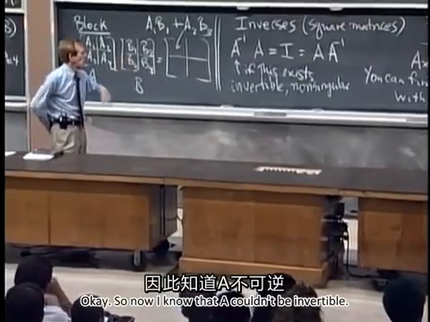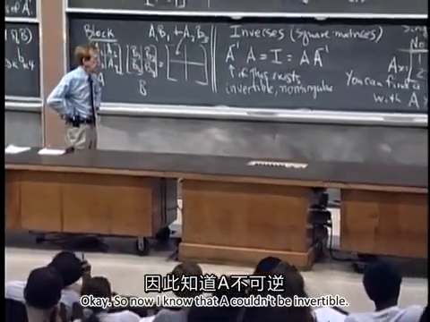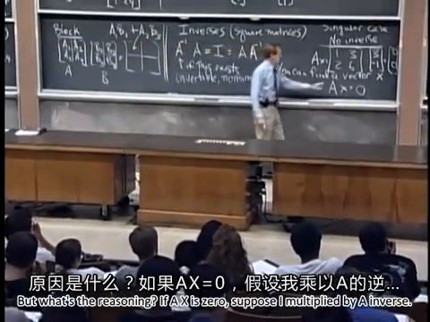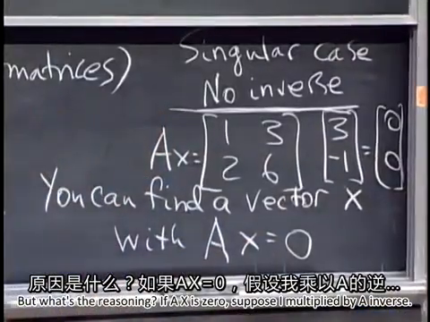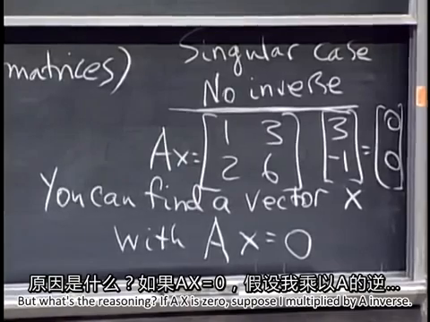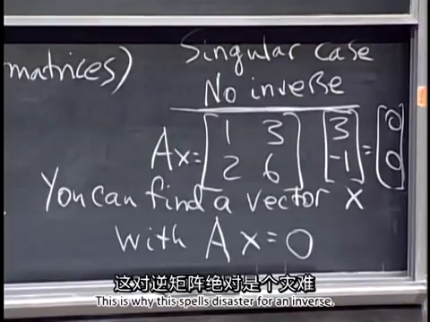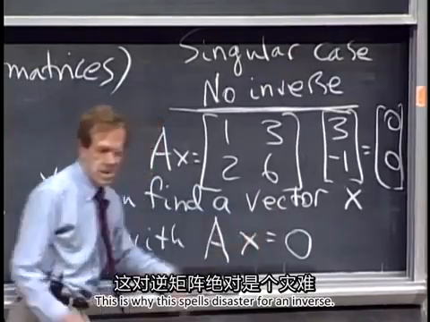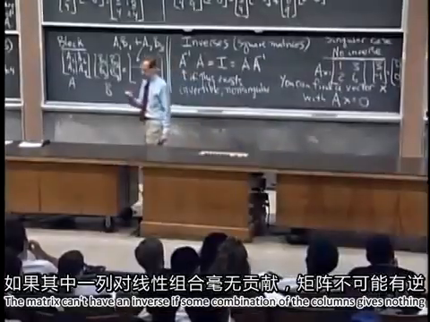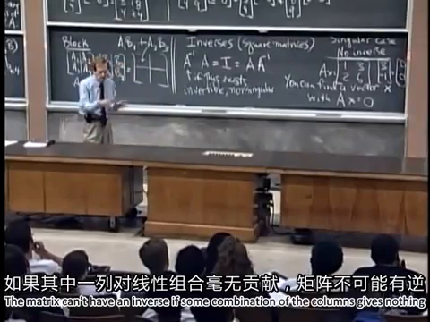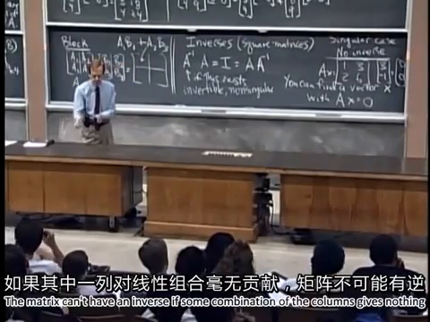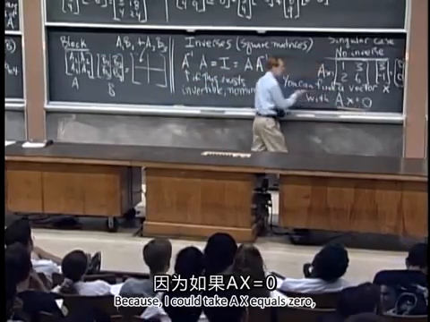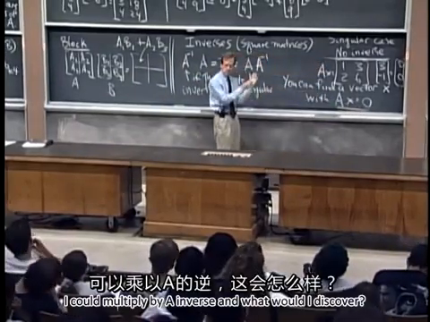So now I know that A couldn't be invertible. What's the reasoning? Suppose I took Ax equals 0 and multiplied by A inverse, if it existed, which of course I'm going to conclude it can't. This spells disaster for an inverse: the matrix can't have an inverse if some combination of the columns gives nothing.